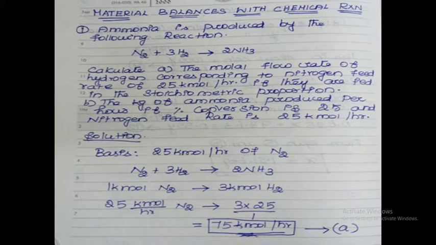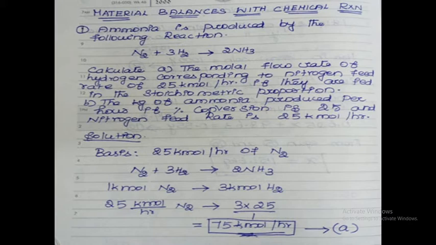So what is the first question? Determine the molar flow rate of hydrogen when the nitrogen feed rate is 25 kilomole per hour, and the condition is stoichiometric proportion. Are you clear or not? Okay.